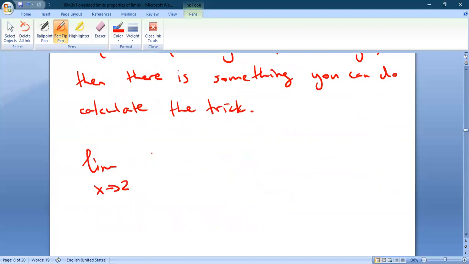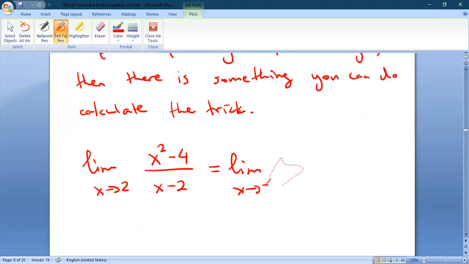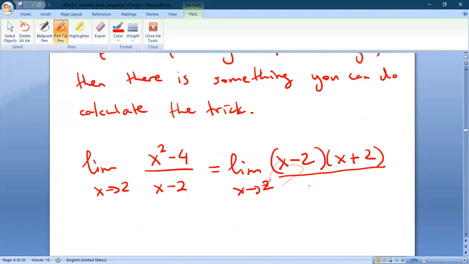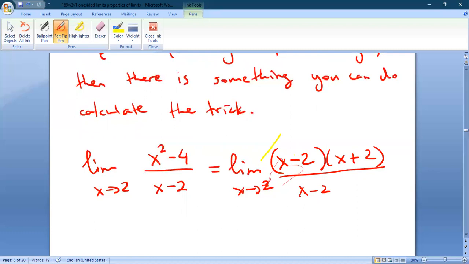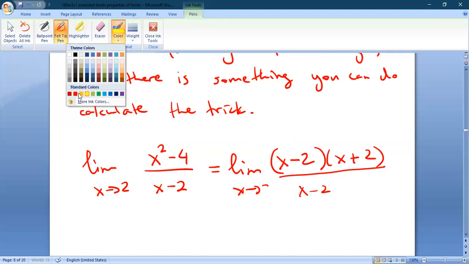Well, what we can do is, if I write this thing again, I can factor x squared minus 4. So x minus 2 times x plus 2, because I can factor it like that. And then, as you see, I can simplify x minus 2.